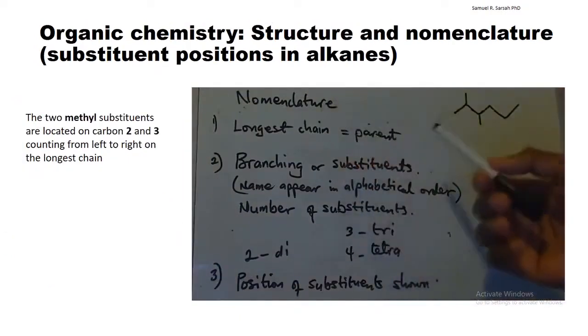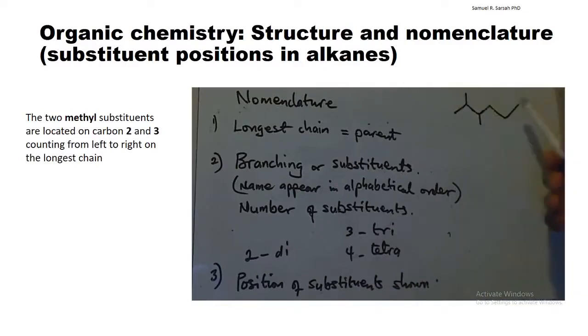Hi, again we have another structure. Longest chain is still 6, so this is hexane, but the substituents are now 2 in different positions. One on carbon number 2, one on carbon number 3, and these are methyl substituents.